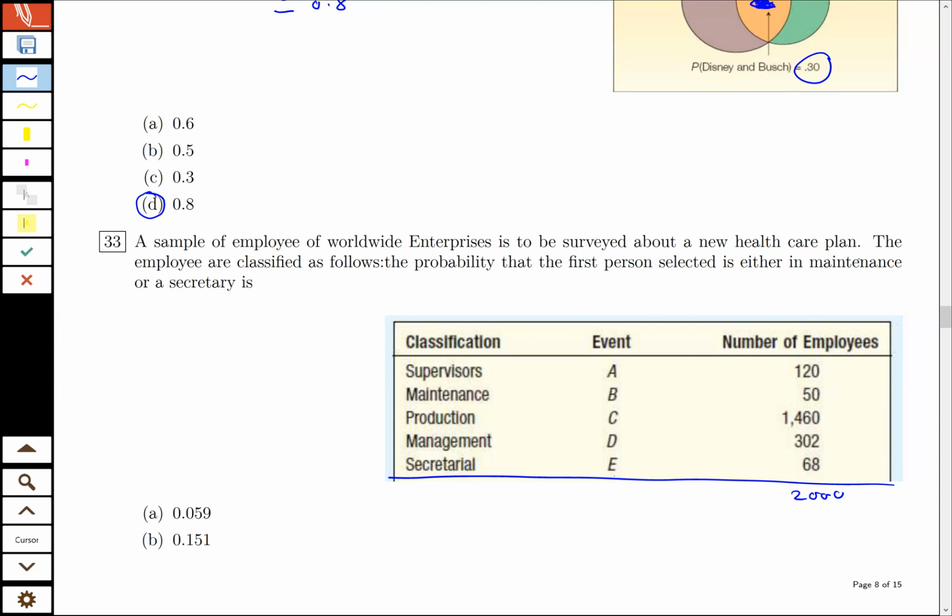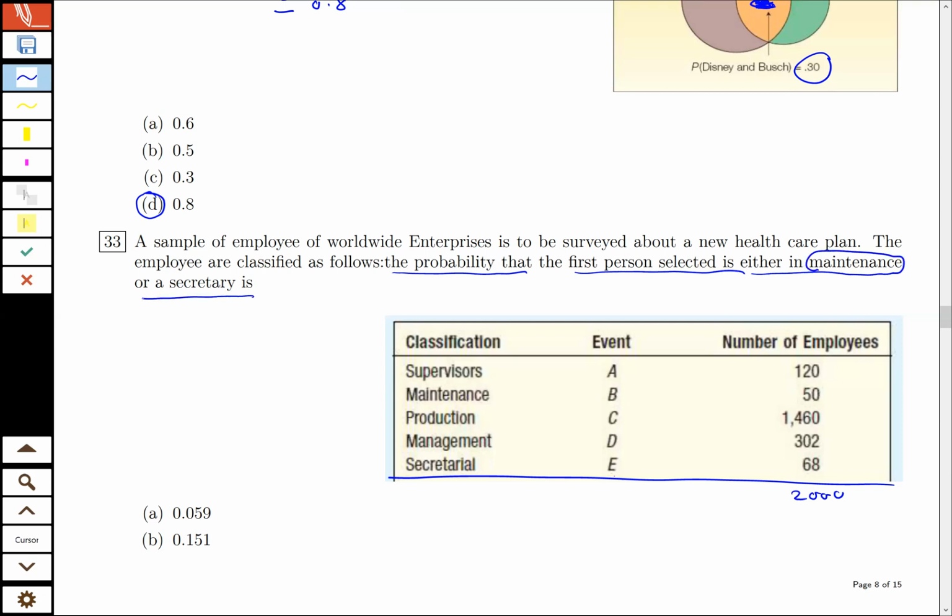Now, let's go to answer the question. He said, I want the probability that the first person selected is either maintenance or secretary.